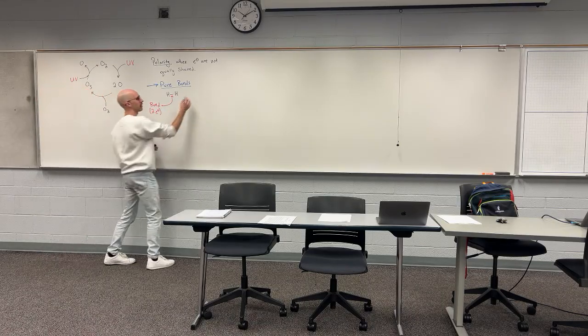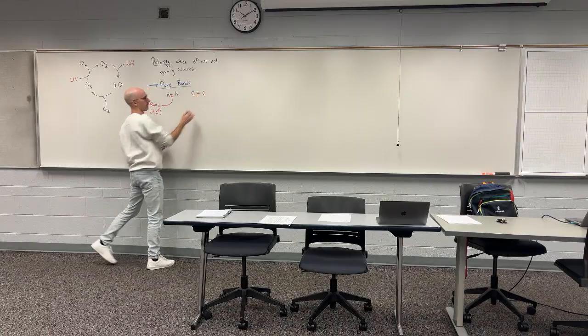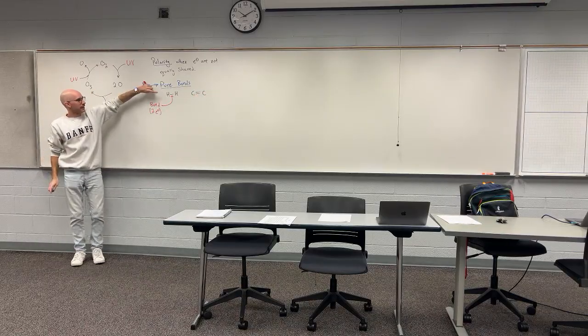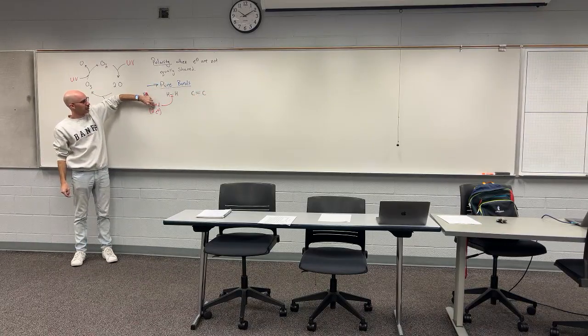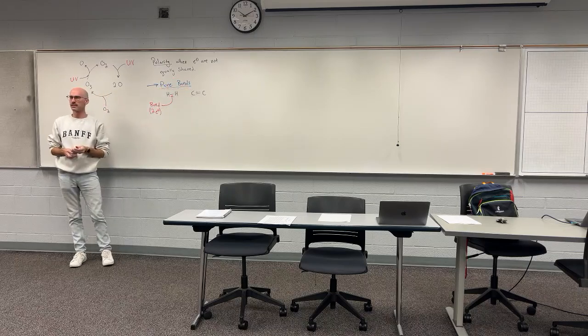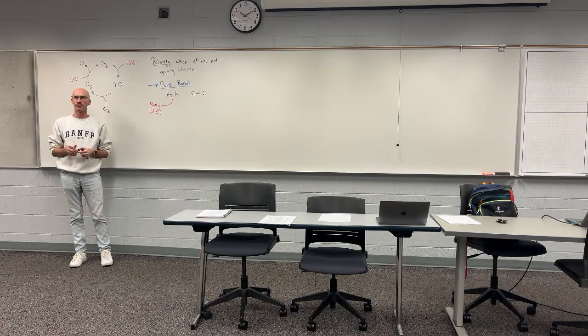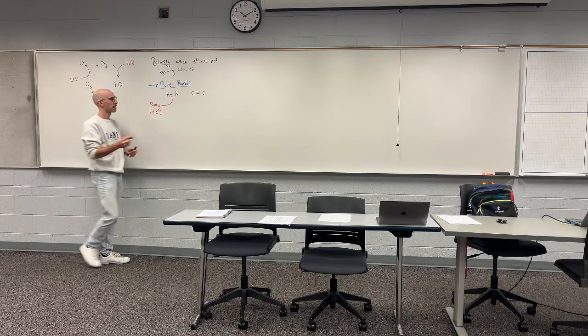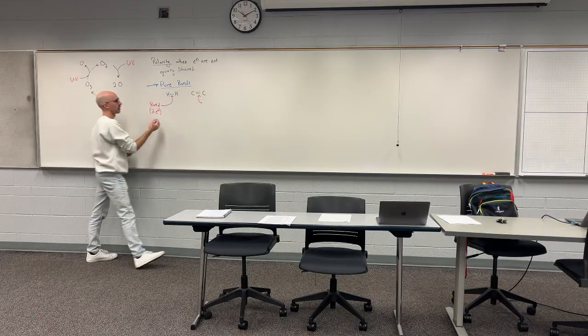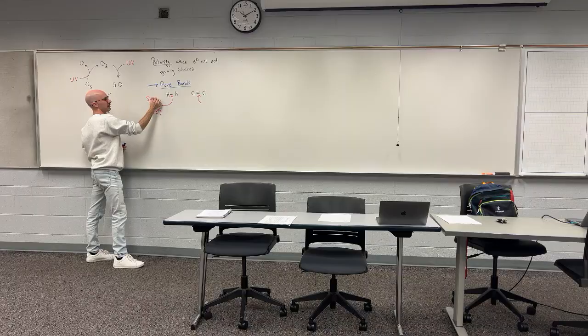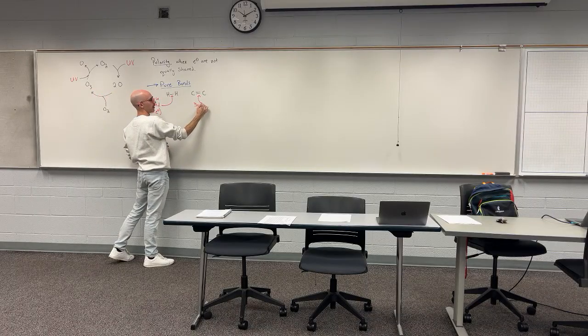So let me ask you about this bond. If this one line is 2 electrons, 2 lines is 4 electrons. How would we differentiate those types of bonds? Good. We can call this a single bond, and we can call this a double bond.